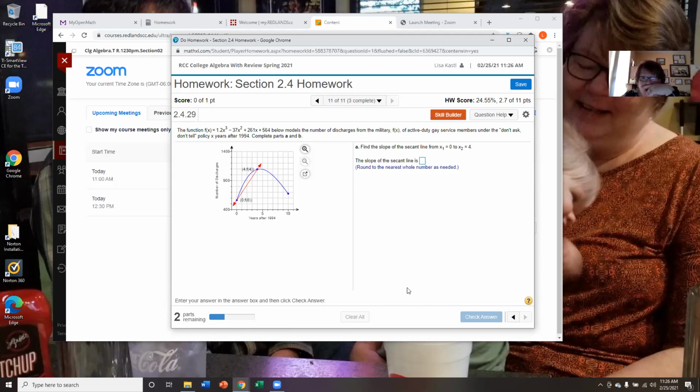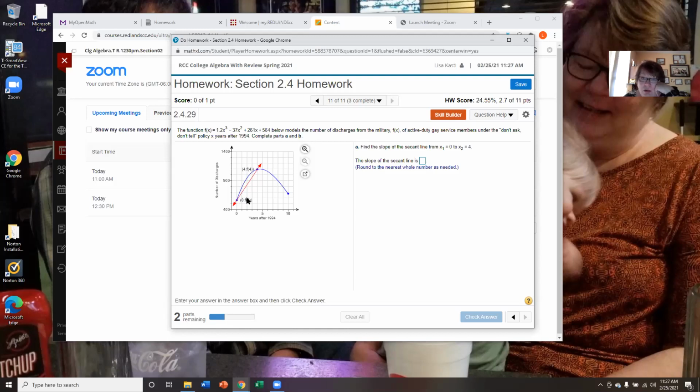Find the slope of the secant line from x sub 1 equals 0 to x sub 2 equals 4. So you're going to find the average rate of change of the number of discharges from year 0 to year 4, from 1994 to 1998.